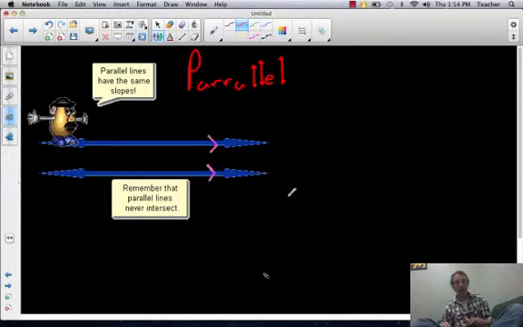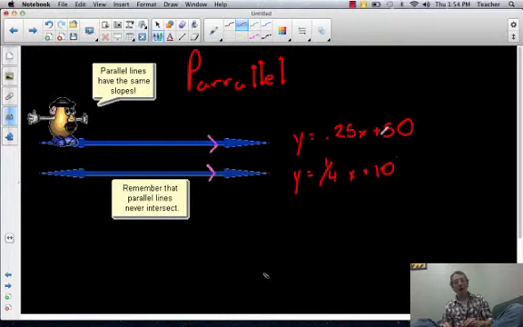So let's say this top one is y equals 0.25x plus 50. Now this one is going to also have to equal a quarter or 1/4. So they can maybe write it like this to trick you up. And this b can change on a parallel line.